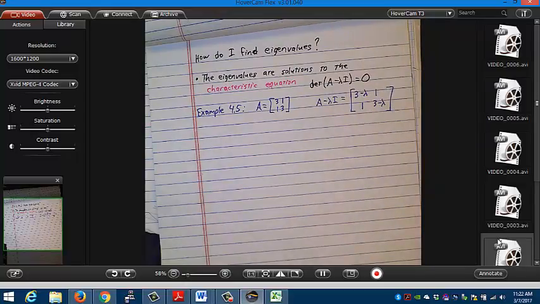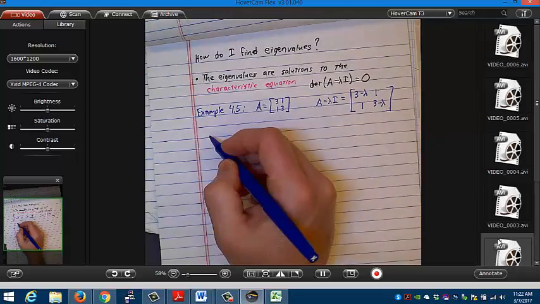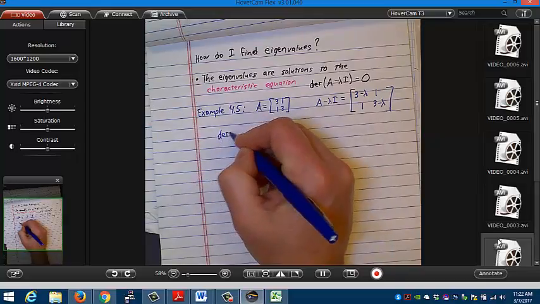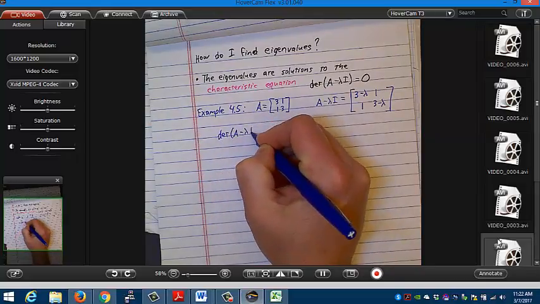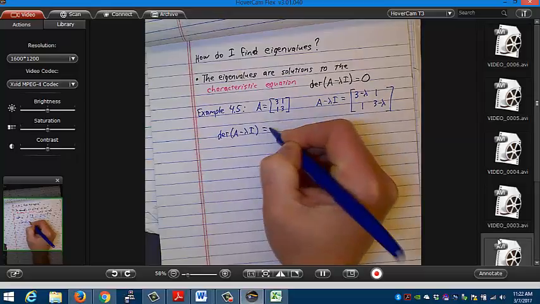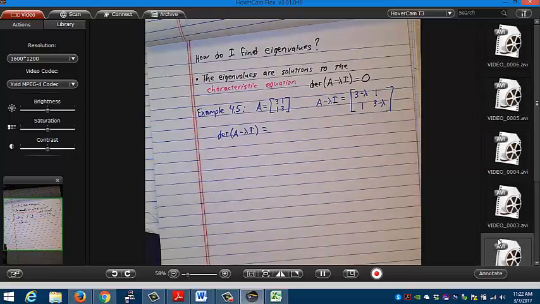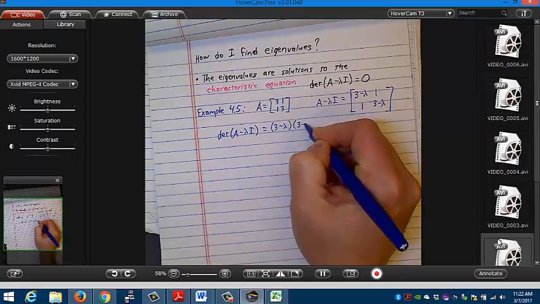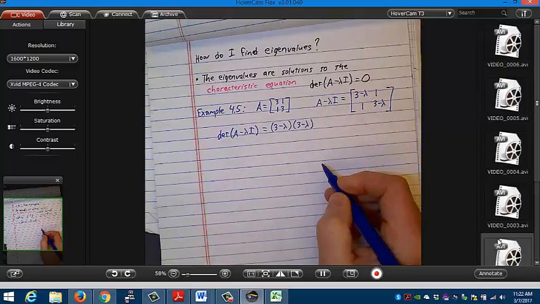Does that make sense? Now the question is, do we know how to find the determinant of a matrix? Well, for 2 by 2 I do. The determinant of A minus lambda I would be 3 minus lambda times 3 minus lambda, right?